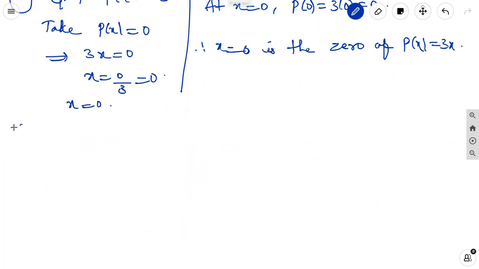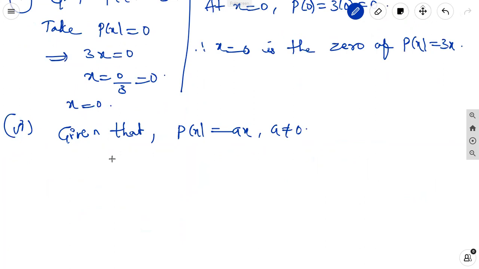Sixth one, given that p of x equal to ax, here a should not equal 0. Take p of x equal to 0. From this, ax equal to 0.